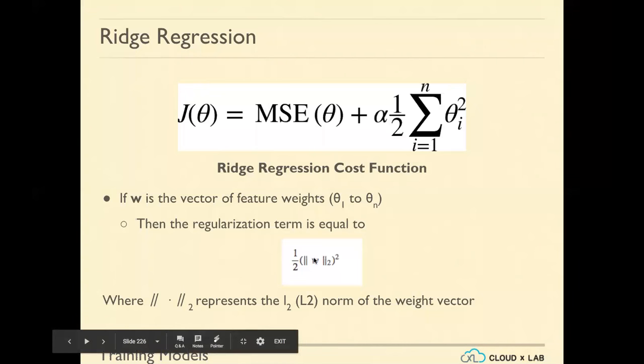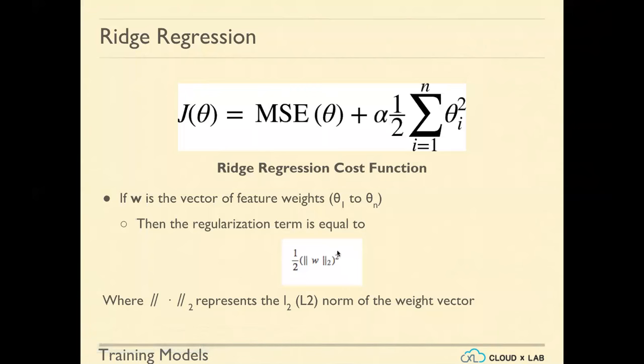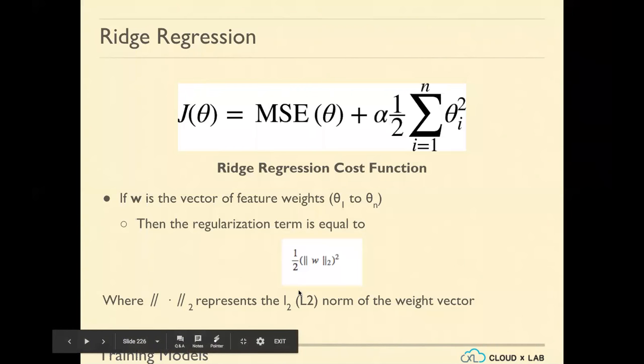So this is L2. L2 has a square root, therefore we are squaring it and putting 1 by 2 in front of it.